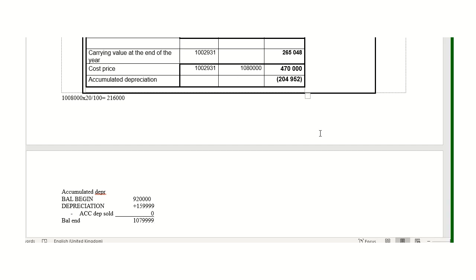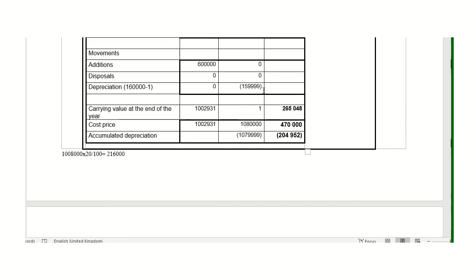So my balance at the end, 1,079,999, makes it less. Now if I take the 1,080,000 minus the 1,079,999, it will give me 1 rand. So my carrying value at the end is 1 rand.